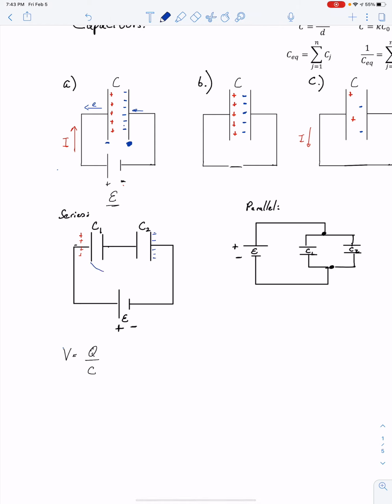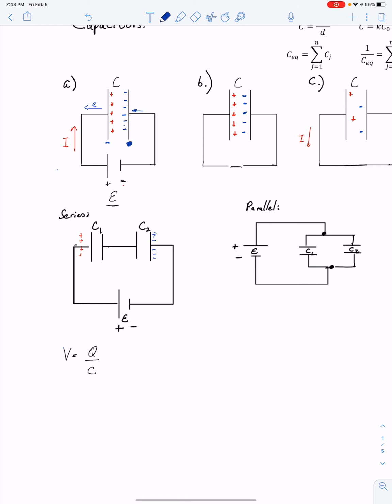So these two plates are in complete equilibrium. Therefore, these two plates are also in equilibrium, because the same amount of negative charge has to be on the other side as the positive charge.